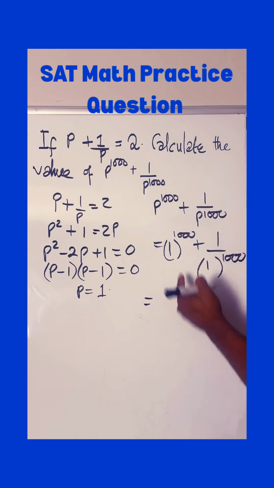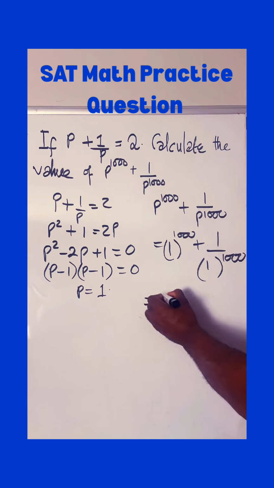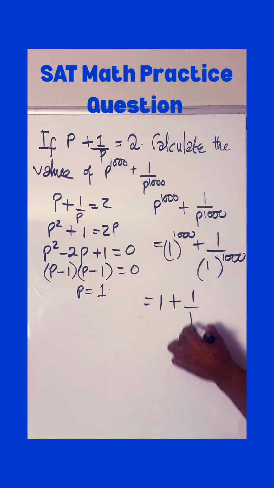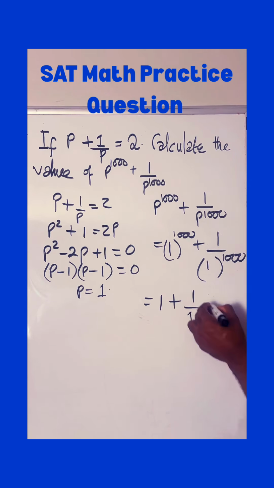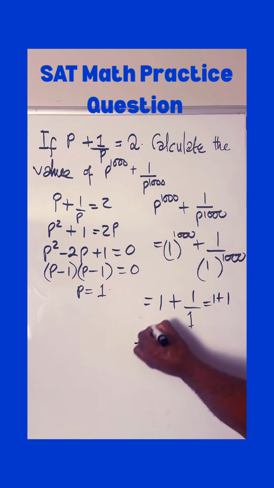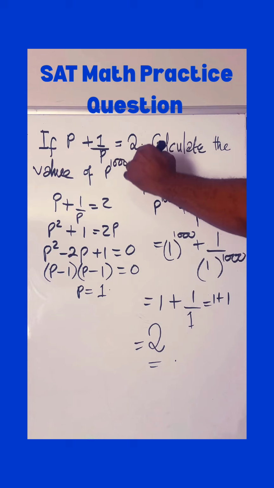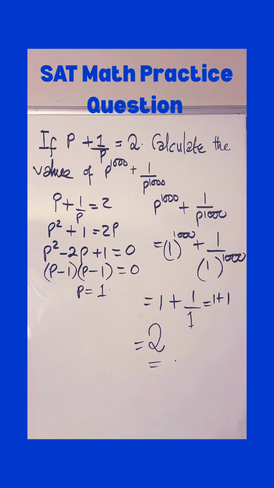At the end of the day, 1 to 1,000 will give me 1, plus, of course, the inverse also. This is simply 1 plus 1, and my answer equals 2. That is the value of p to the power of 1,000 plus the inverse of p to the power of 1,000. See you in the next video.